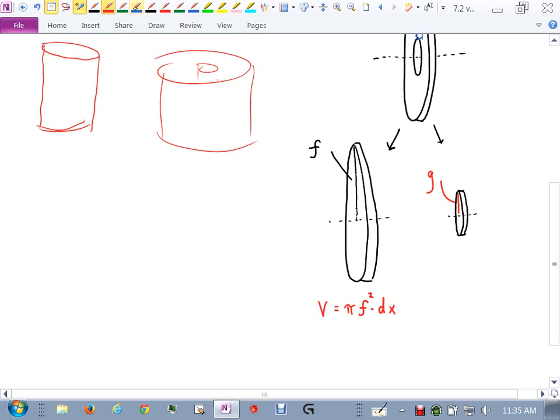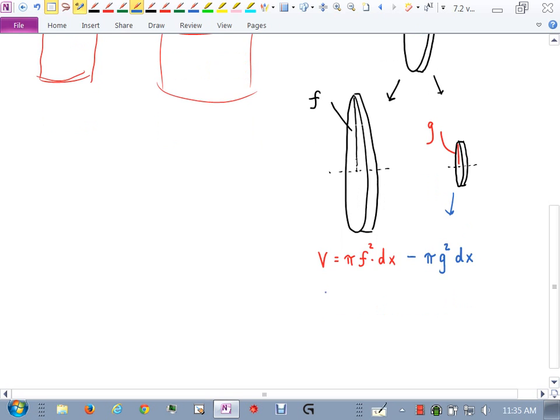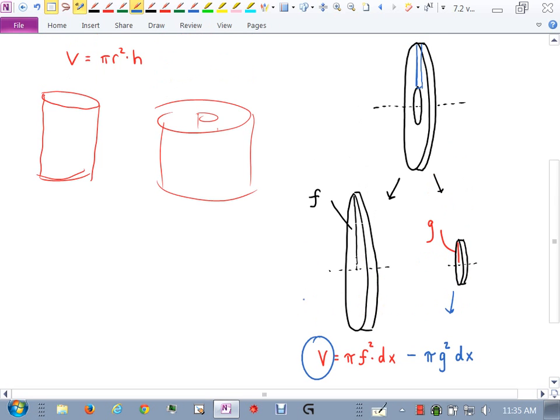Then we take away from that this one. So what's the volume of this one over here? Pi r squared, so pi g squared times its height, which is the same as the other one, right? dx. So the volume, and when I'm saying volume here, does everyone understand I'm talking about the volume of that piece right there?